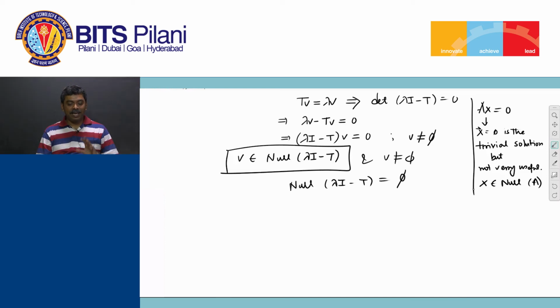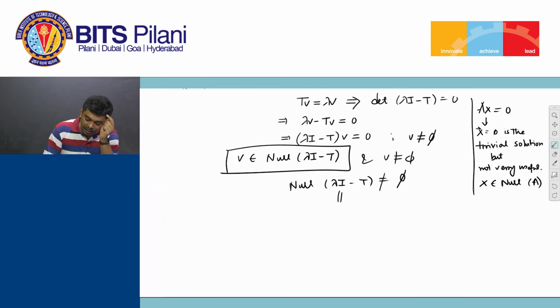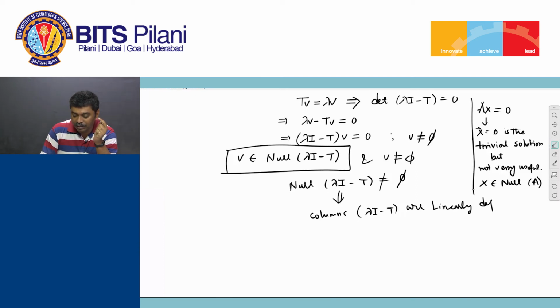Good. Now there is a powerful theorem which says that if the null space of a matrix is equal to 0, then the columns are linearly independent. If it is not 0, then the columns of lambda I minus T are linearly dependent.